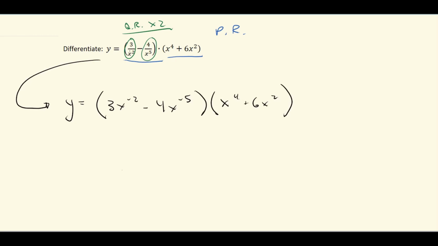So what we did here is we expressed these fractions as a product with a negative exponent. So we got rid of the quotient rules.